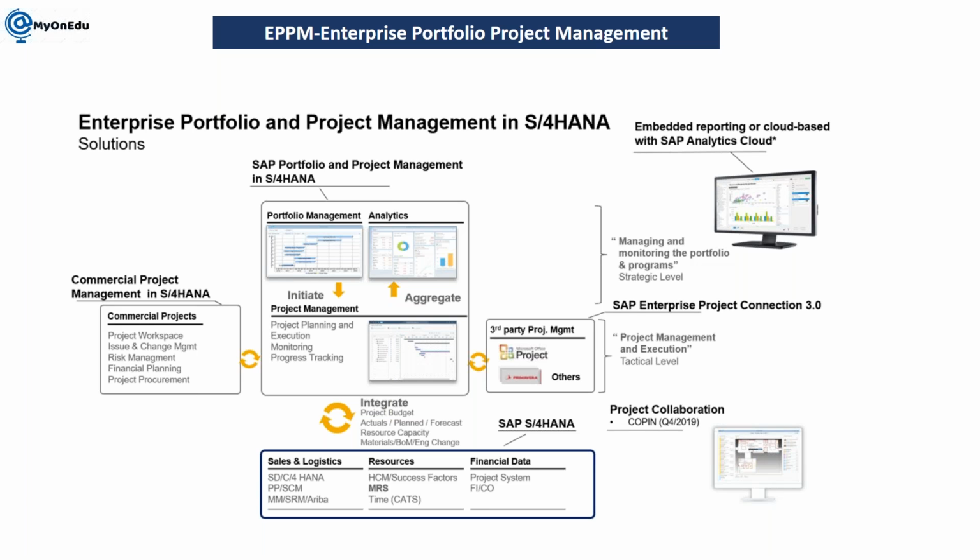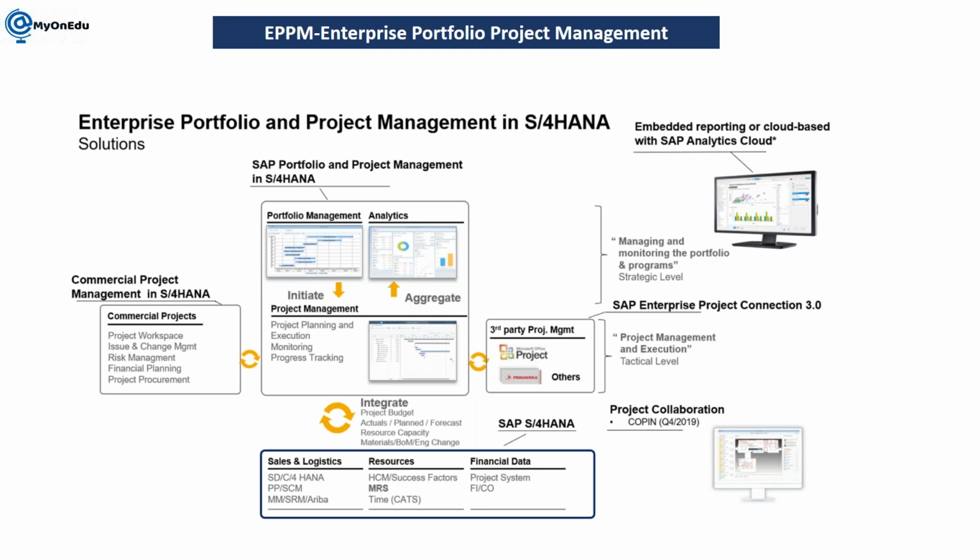But now from 1709 onwards, everything is in the core system only. No need to keep it as a separate installation in your S4 system. Whenever you get the complete S4, at the same time you will get PS, IM, PPM, CPM, everything.